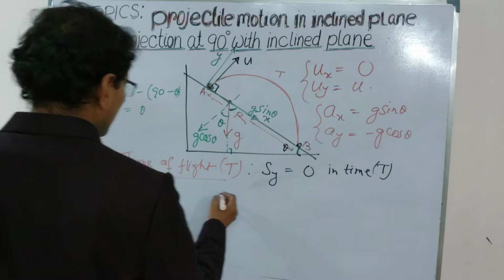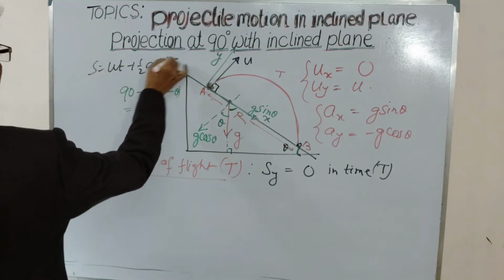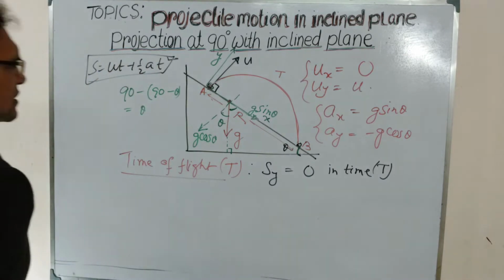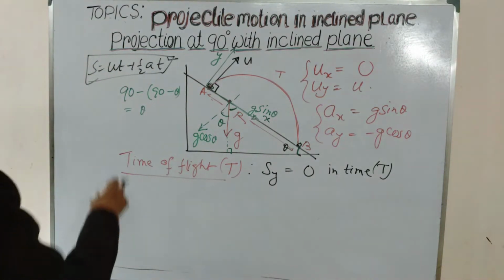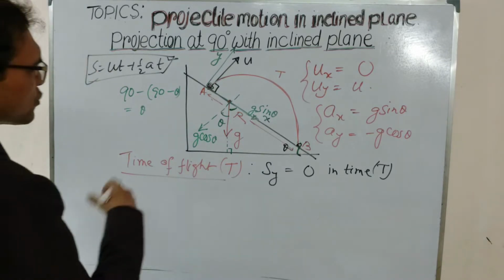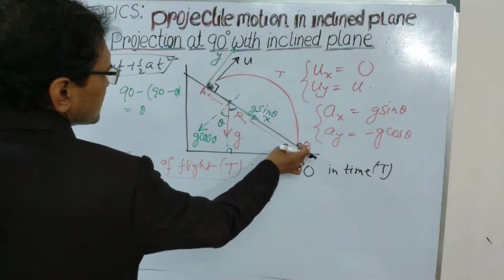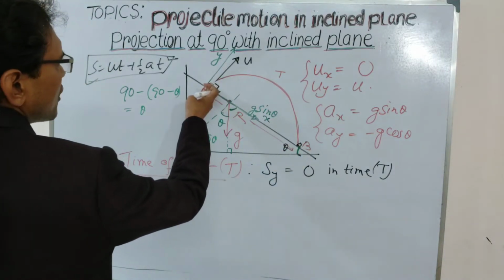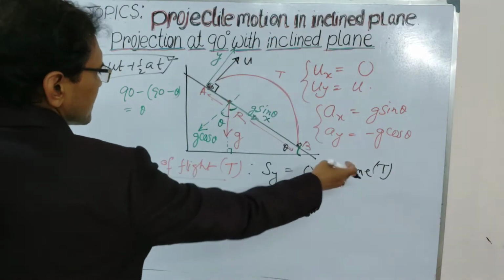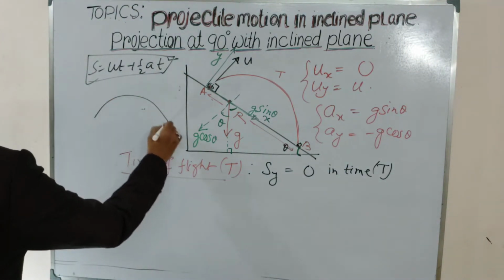Always we put the equation of motion along a straight line. There is no equation along a curved path. This path is a combination of vertical and horizontal motion, so any curved path we resolve.